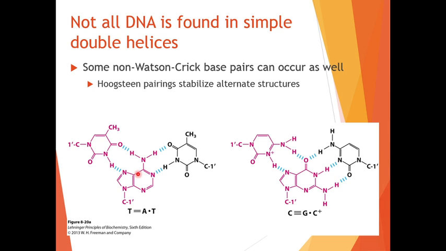In this case, the N7 of adenine and the nitrogen at the C6 position can donate and accept hydrogen bonds, resulting in what is called a Hoogsteen pairing or a Hoogsteen hydrogen bond.